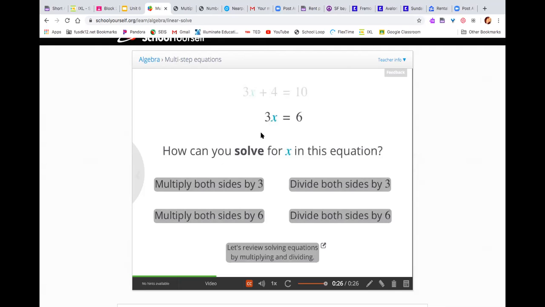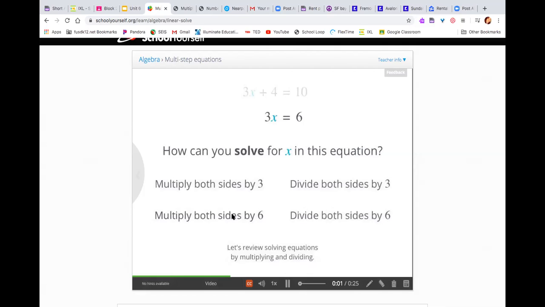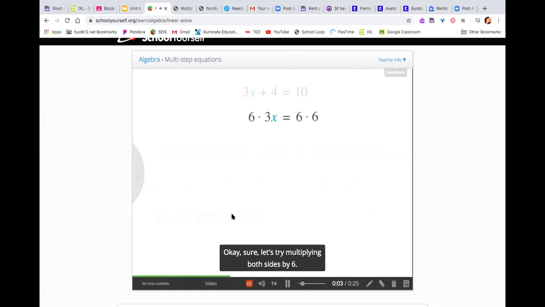Multiply. Multiply by 3 or 6? By 6. Okay, sure. Let's try multiplying both sides by 6. On the left, we have 6 times 3x, which is the same as 18x, right? And on the right, we have 6 times 6, which equals 36.